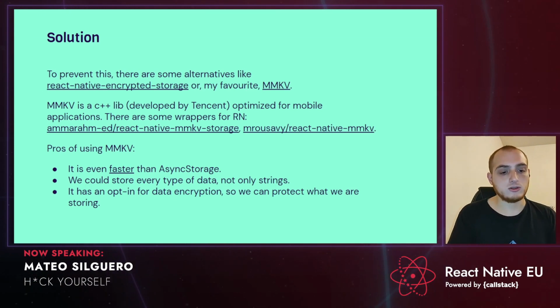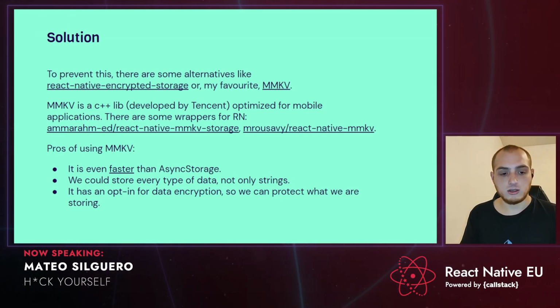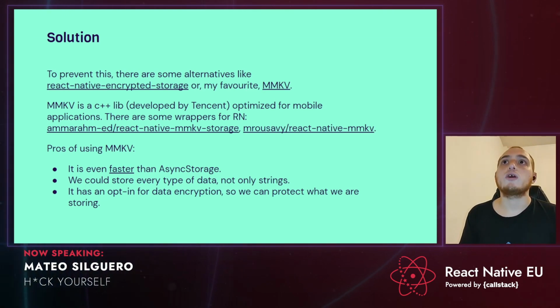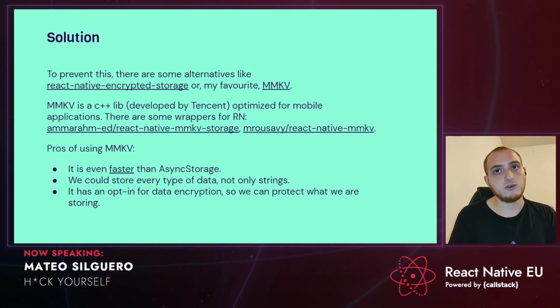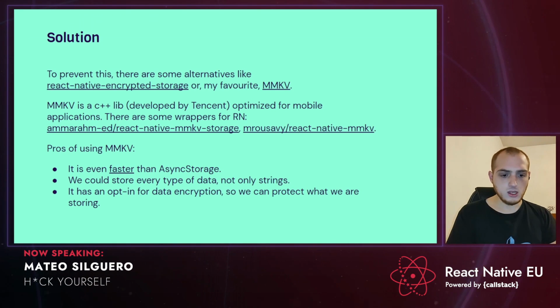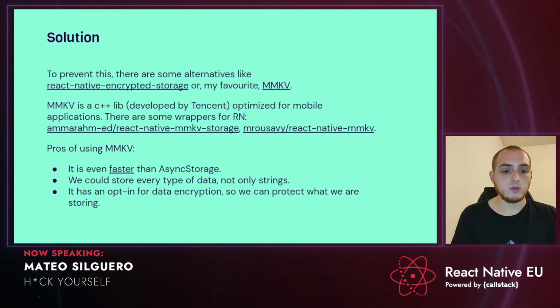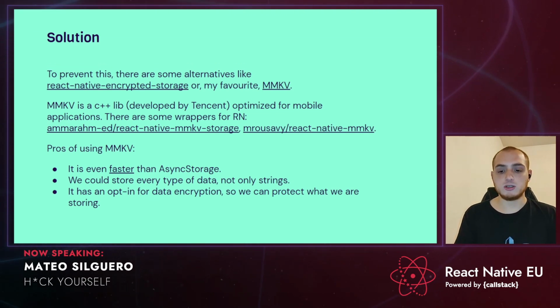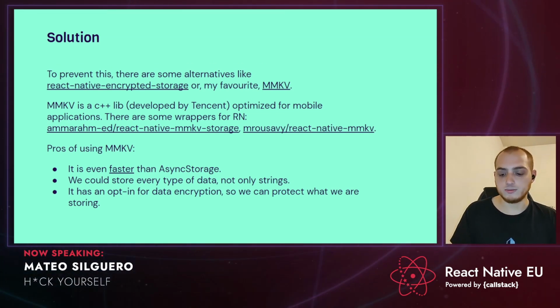This library has some advantages, like it is even faster than AsyncStorage. It is 300 times faster on Android and 1,000 times faster on iOS. Also, we could store every type of data, not only strings. And it has an opt-in for data encryption, so we can protect what we are storing.